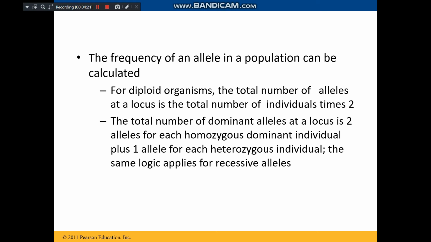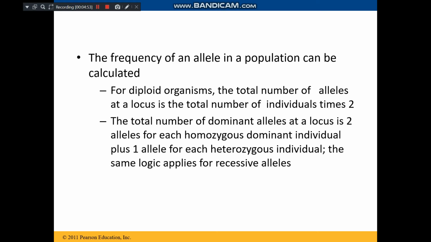For any diploid organism, the total number of alleles at a locus is the total number of individuals times 2. So, to find the total number of alleles, take the number of individuals multiplied by 2.